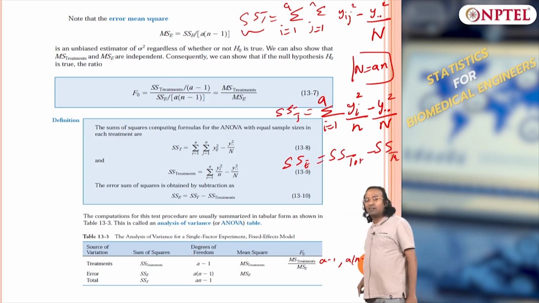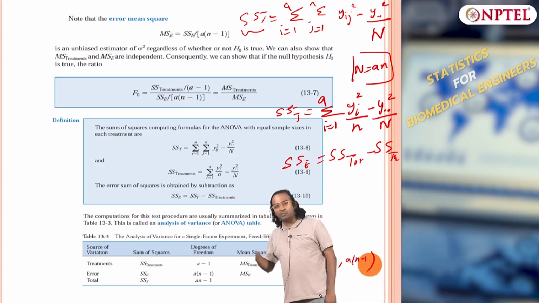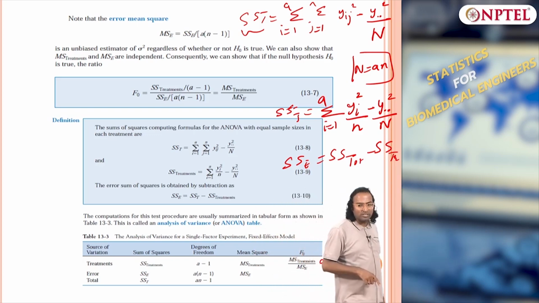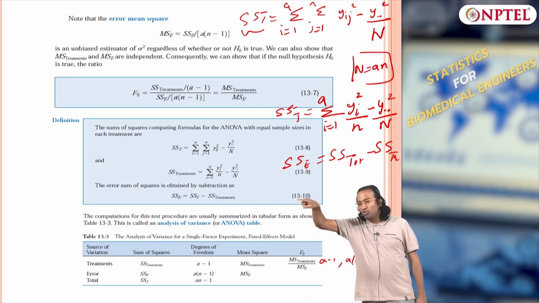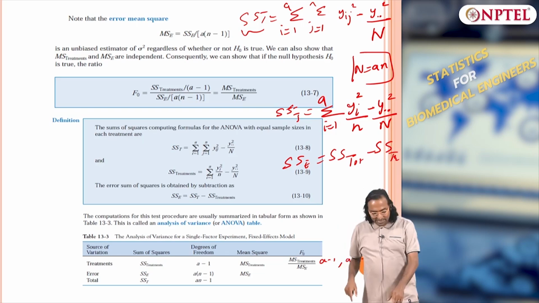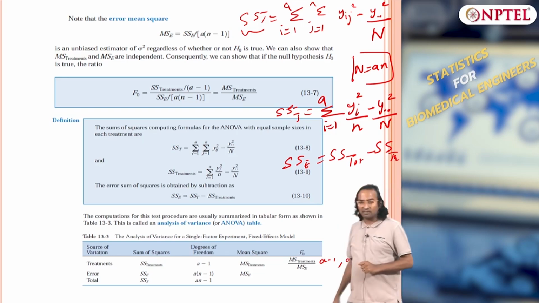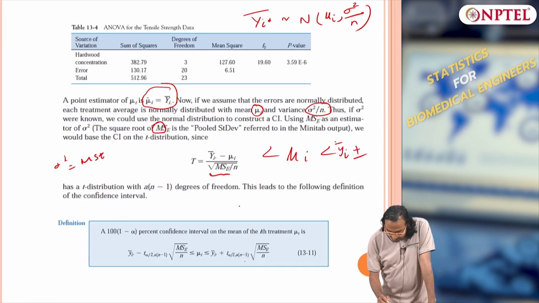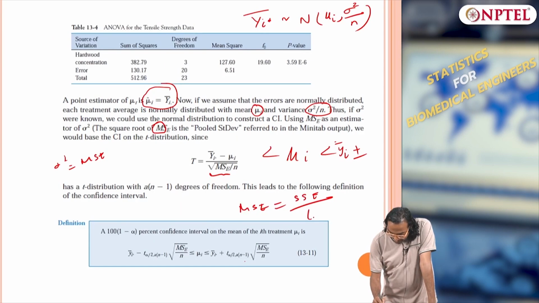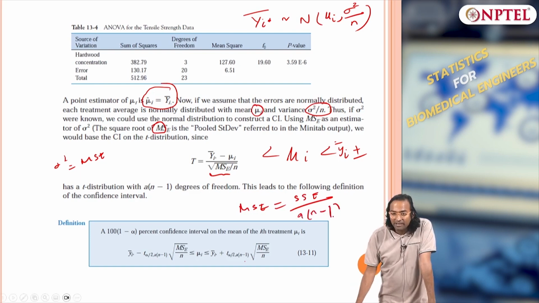For each column you have n samples, so n minus 1 degrees of freedom because you estimate 1 mu. So there are totally a rows, so a into n minus 1. So that is the degrees of freedom for error, okay. So the total mean squared error is going to be what? Sum squared error divided by a into n minus 1. That is my mean squared error, okay.